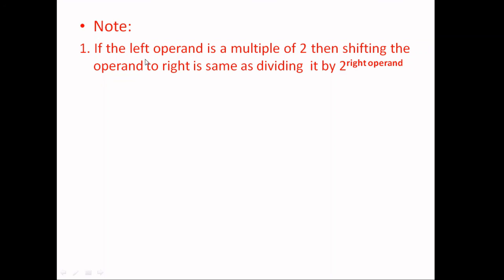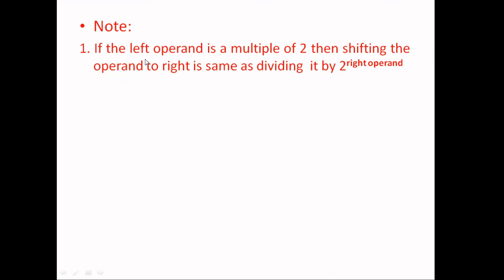That is 128 by 2. If you observe here, the left operand is a multiple of 2. This 128 is a multiple of 2. Then shifting an operand to the right is the same as dividing it by 2.